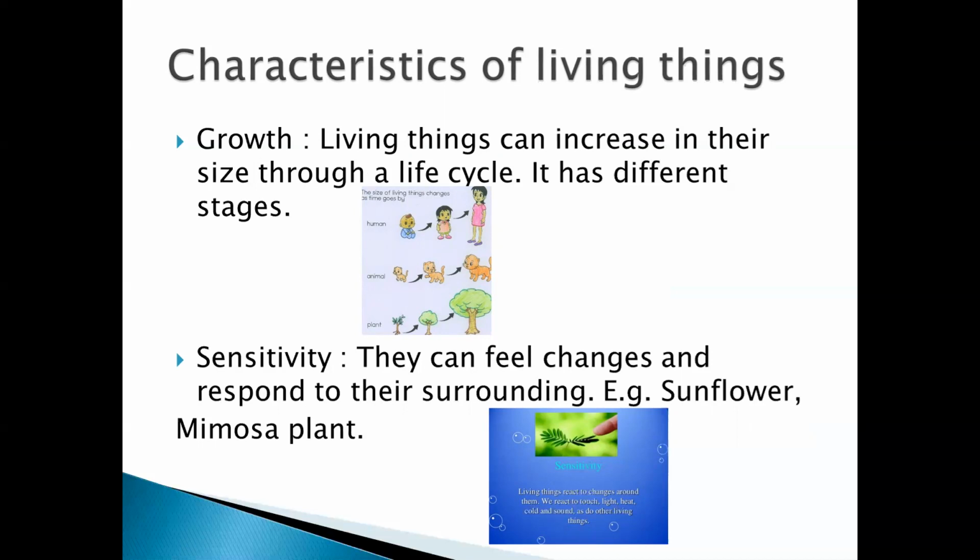If you look around, let's have a look at the sunflower or the mimosa plant, which is also called touch-me-not, and you can see in this picture as well that when you touch the leaves of this plant, they close. It means they show sensitivity to touch.